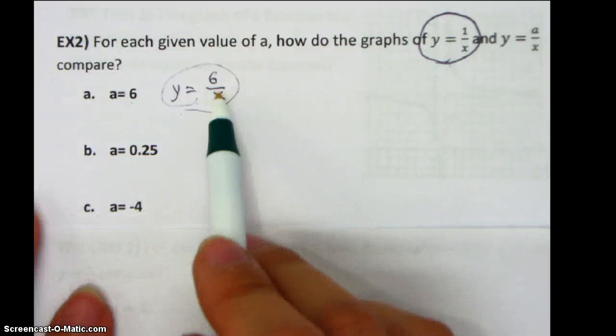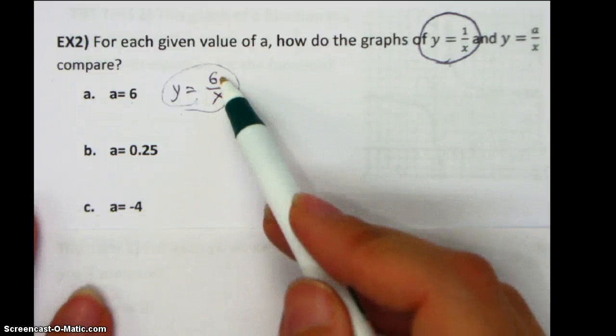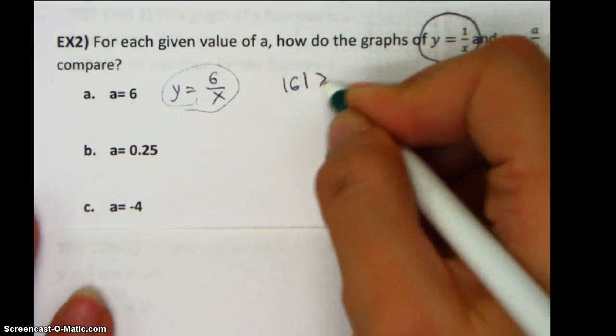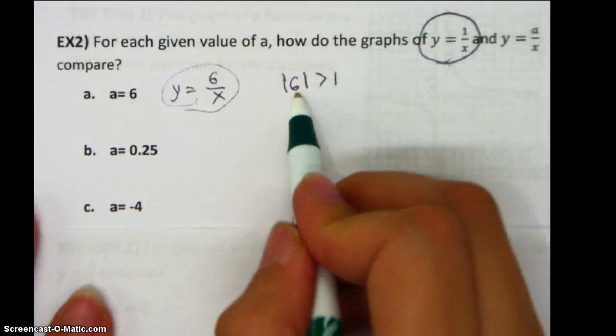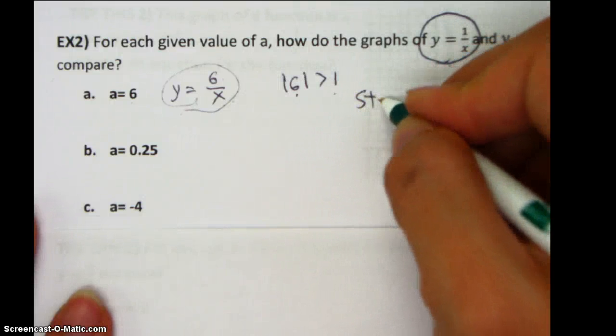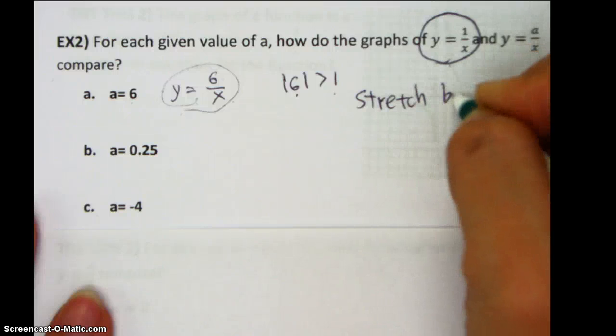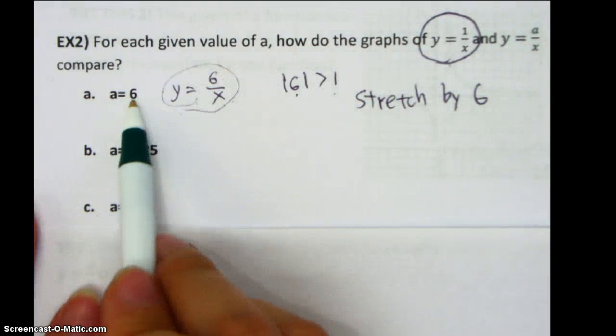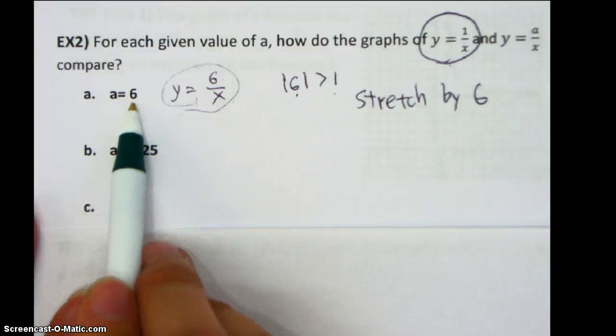Now we look at a. The absolute value of 6 is 6, which is greater than 1. That means the graph is going to stretch by 6. And also, because a is positive, it's not going to flip across the x-axis.